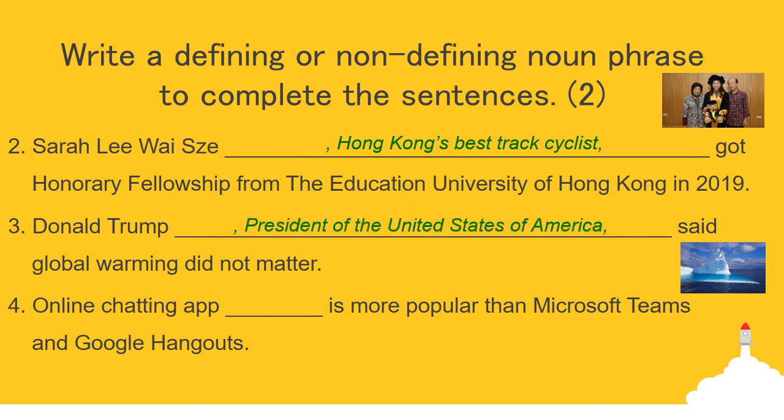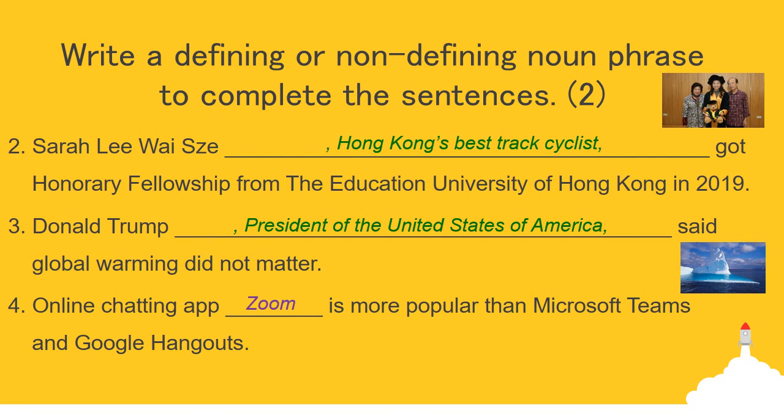So here you can see for sentences number two and number three, the subjects are respectively Sarah Lee YC and Donald Trump. And these two subjects are at the same time the names of famous people, and therefore you should write non-defining noun phrases after the subjects. As for sentence number four, the subject is online chatting app, and although the subject consists of three words, the meaning is still not specific enough.